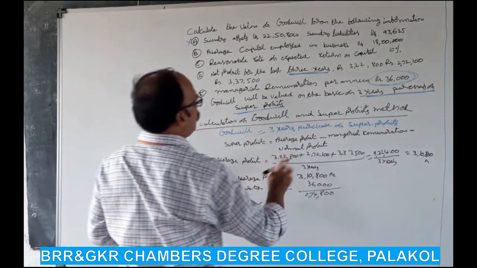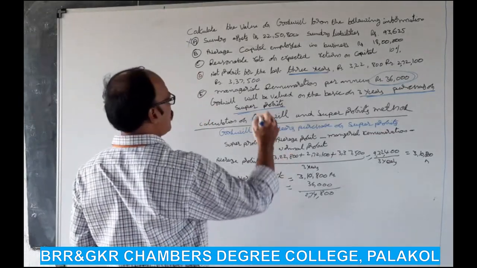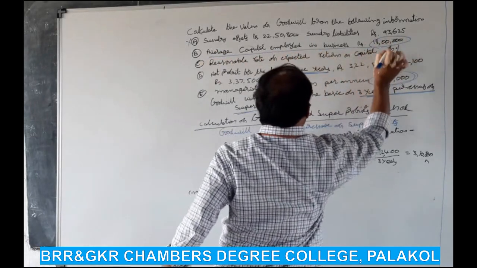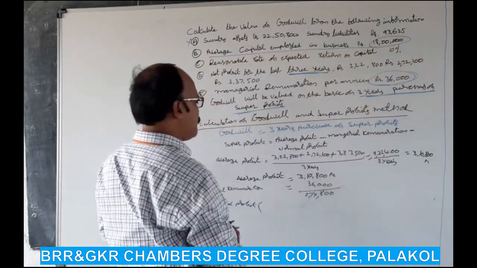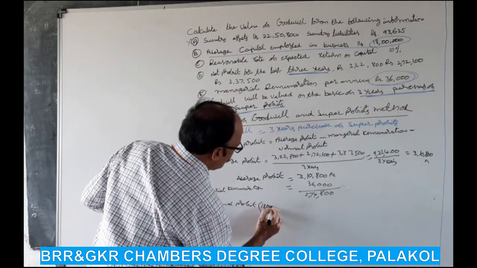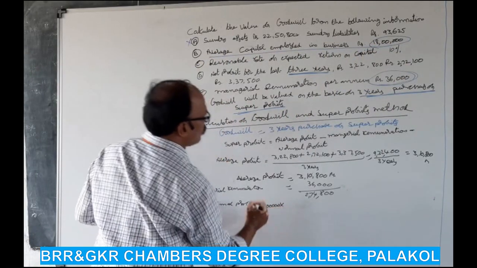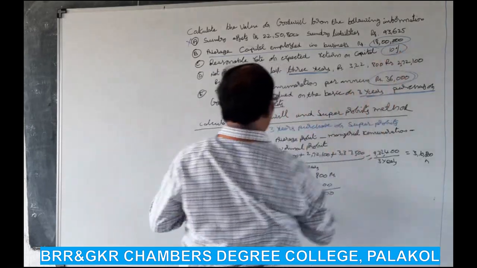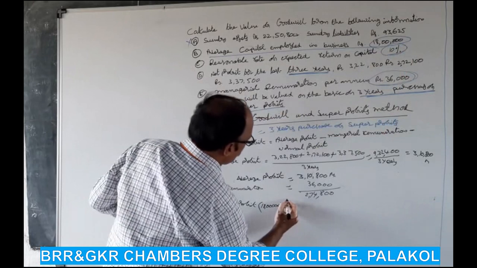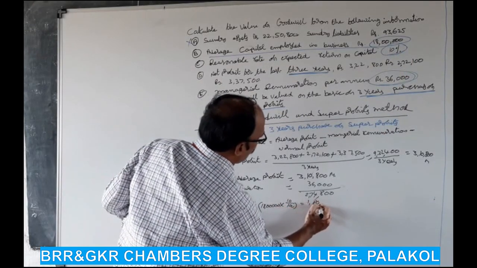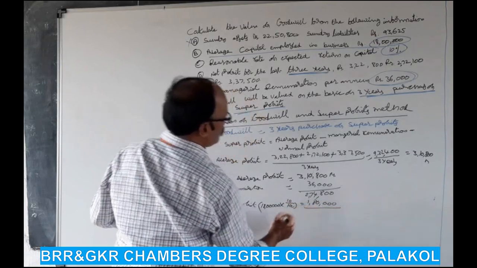Next, minus normal profit. Normal profit is equal to capital employed into normal rate of return. Average capital employed is 18 lakhs. So 18 lakhs into the normal rate of return, how much? 10%. 10 by 100, that is equal to 1,80,000.